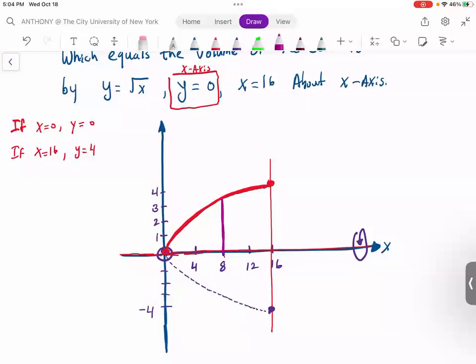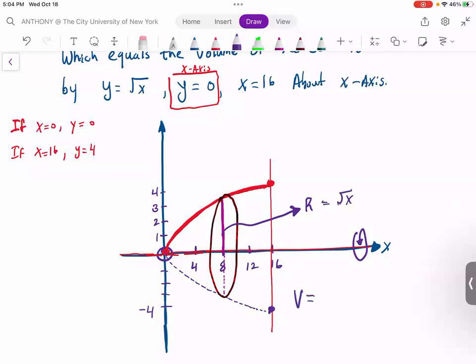If I reflect this over the x-axis, I can simply draw a disc. So r is not going to be 8, but r really depends on your function, which is square root of x. So from our sketch, we're now able to set up the volume problem.